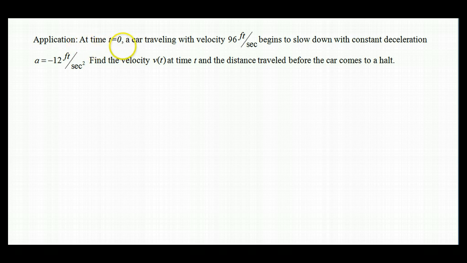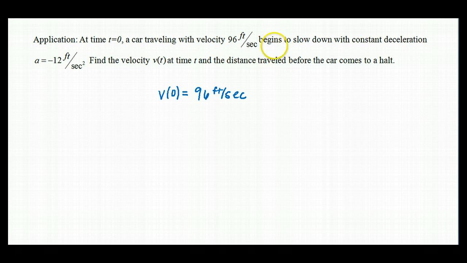At time t equals 0, a car traveling with velocity 96 feet per second. So at time t equals 0, the velocity of the car is 96 feet per second. So when I substitute the time 0 into the velocity function, I get out 96 feet per second.